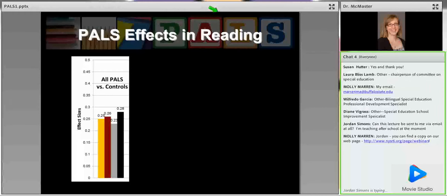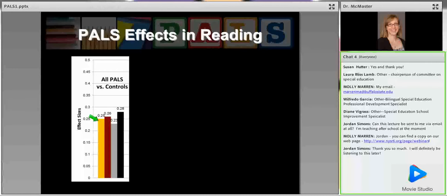What we see here, and I'm only showing part of the graph for now, is the yellow bar, which is actually showing an effect size. An effect size basically shows how 2 groups compare, and you can think of it in terms of standard deviation. So an effect size of 0.25 is modest, but it was a statistically significant difference between PALS and controls. And this is on an aggregate of reading comprehension, vocabulary, and decoding skills.